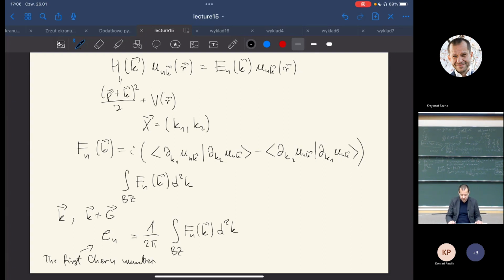And this integer is a topological invariant.